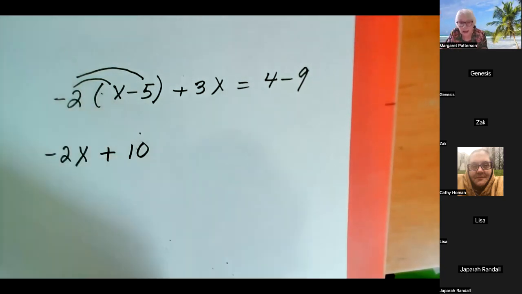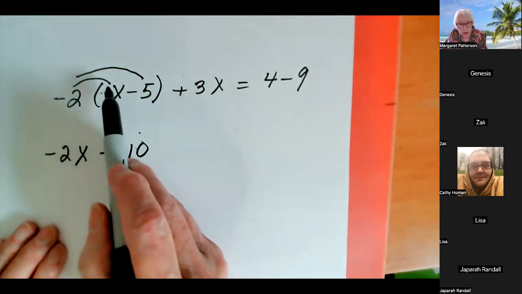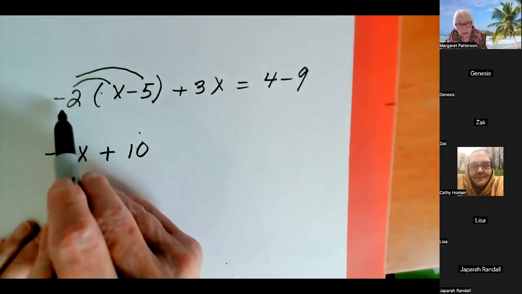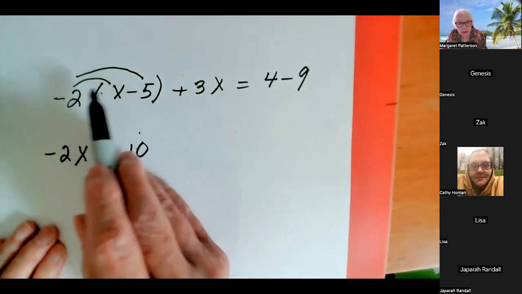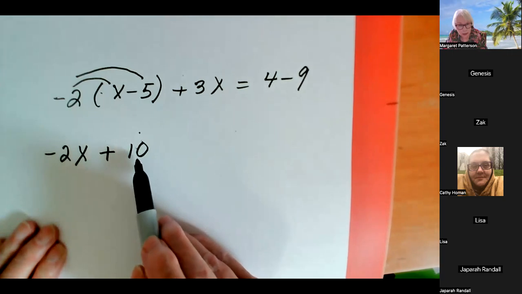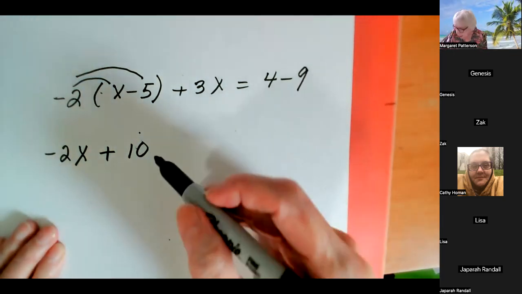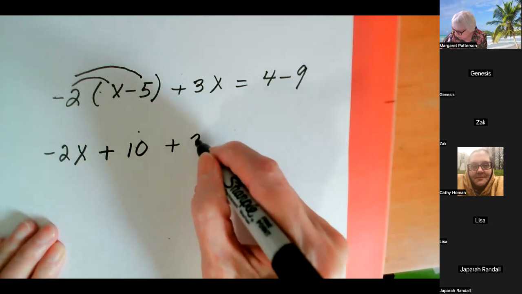There are other ways to do it, which take a lot more steps, but I think this in the end is the best. -2 times x, that was okay. But -2 times -5, treat it as -5. 2 minuses make it plus. I'm then going to add my 3x.